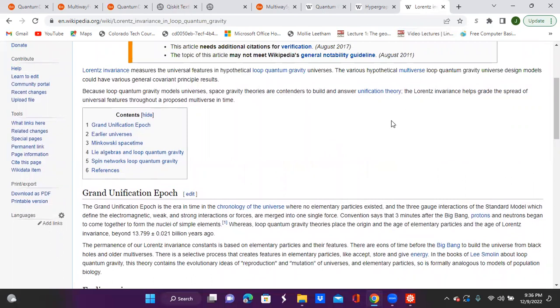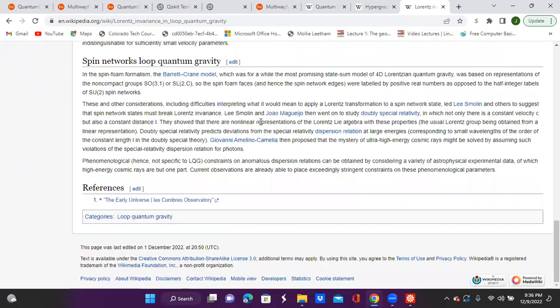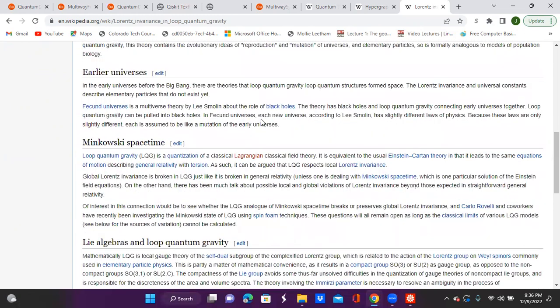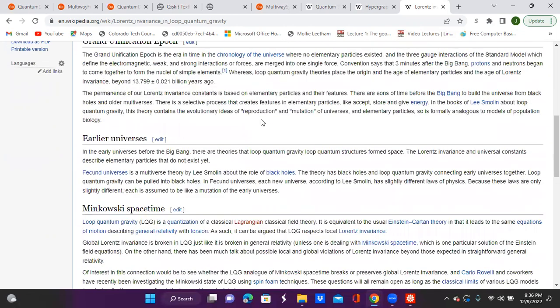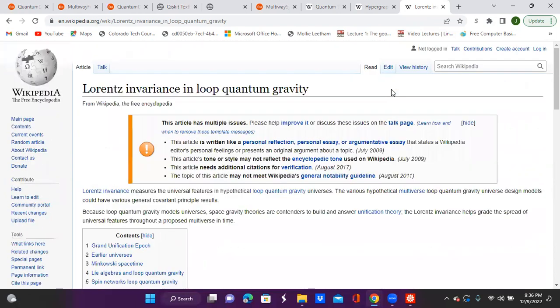The various hypothetical loop quantum gravity universe design models could have various general covariant principal results. So where's the definition? They don't have much about it. Okay, so yeah.